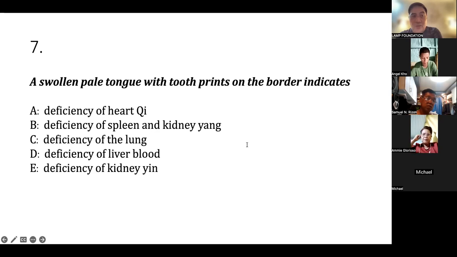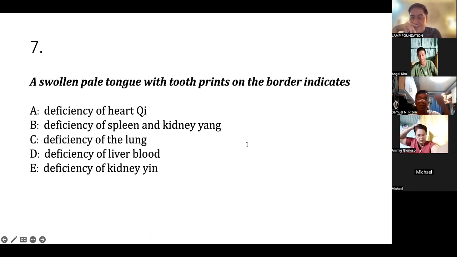If you have a patient with heart qi deficiency, ano po itsura ng tongue? Are you going to see anything unusual sa tongue? Or will you just take note of the color? Hindi nyo pa binasa, hindi kayo nanood ng aking vlog. Panoorin nyo na, heart qi deficiency.